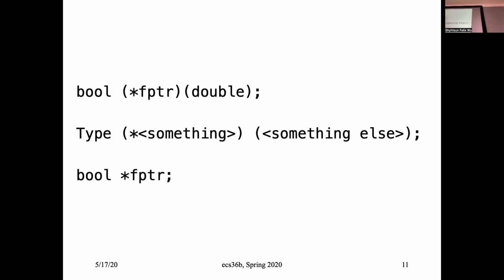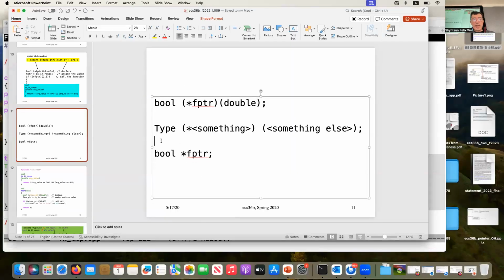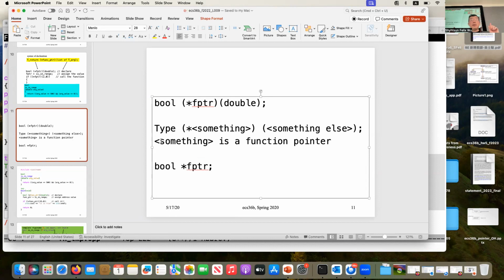If you see any of this, then essentially we're saying that this something is a function pointer. Number one, that something is a function pointer.